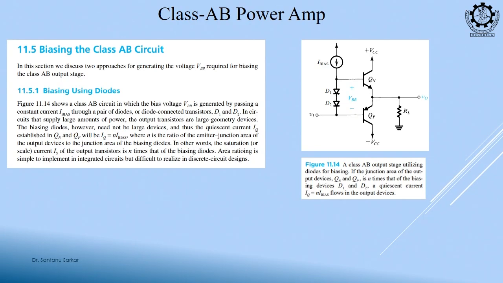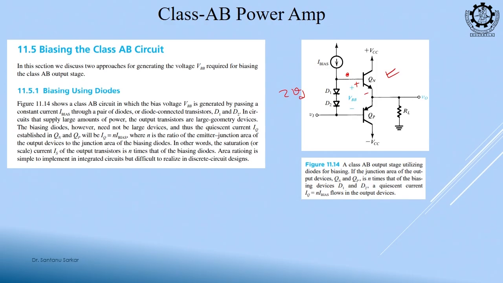So, this is one circuit. I am using a constant current to generate these two diode drops. These two diode drops will create my VBB. So, this base voltage is above Vi by twice the diode drop, and this base-emitter voltage you can think of as another diode drop.